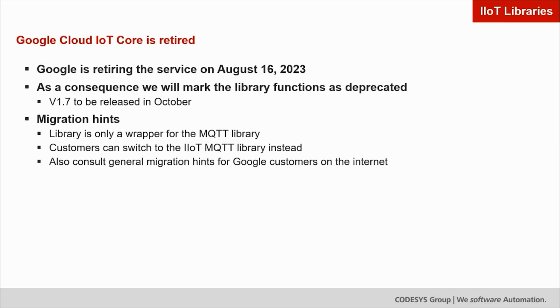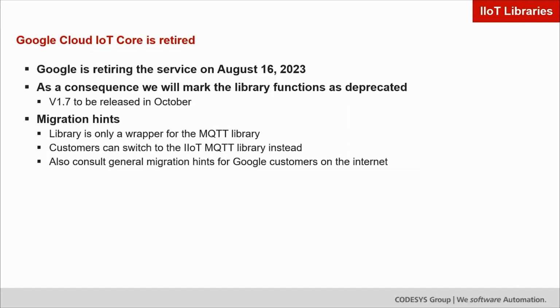Furthermore, maybe as a customer of Google, you already received an email about the retiring of the service of the Google Cloud IoT Core. So this means from August 16th, 2023 onwards, devices will not be able to connect to the Google service anymore.